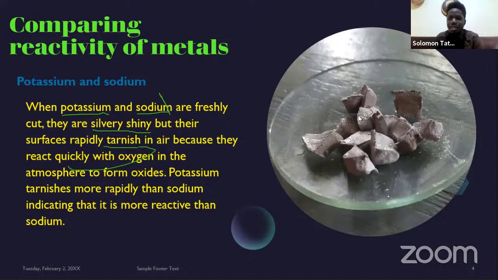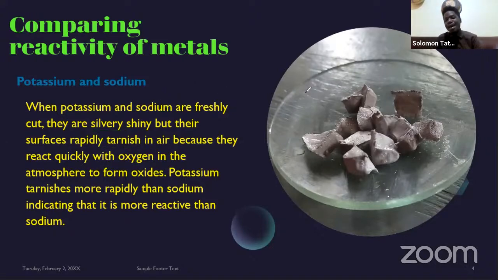But as you can see here, it has lost its shininess. It is now coated with a tarnished coating, meaning the surface has reacted with oxygen, and therefore it forms an oxide on top, which is not as shiny as the metal. Okay, so that's what happens.